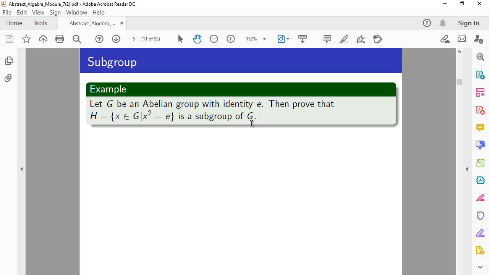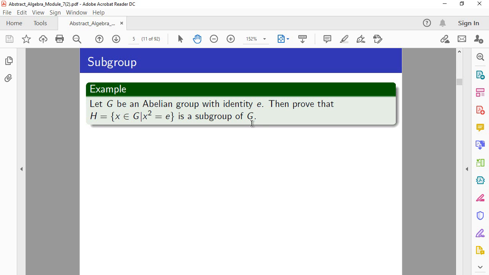To show it's a subgroup of G, we have to show that H is itself a group under the operation of G. Here we are using multiplicative notation for the group operation. Unless otherwise specified, we always assume a multiplicative notation for the group operation.